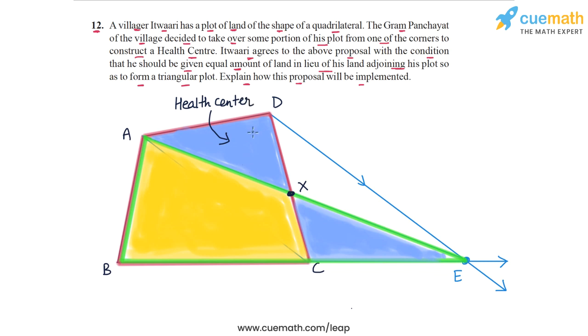And in lieu of this land AXD, give Itwari this triangular plot XCE. So this part give to Itwari. So this part along with his quadrilateral ABCX from his original plot, they will combine to give the triangular plot ABE. So this is the solution to question number 12.